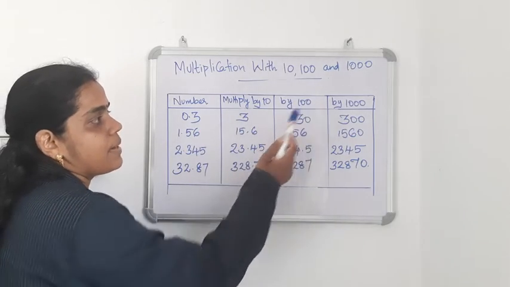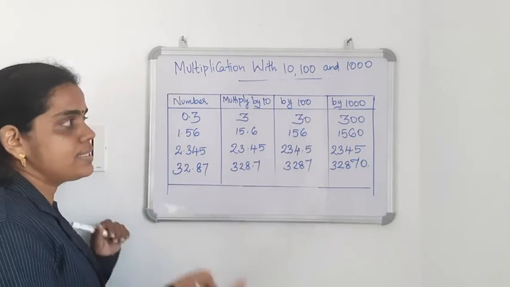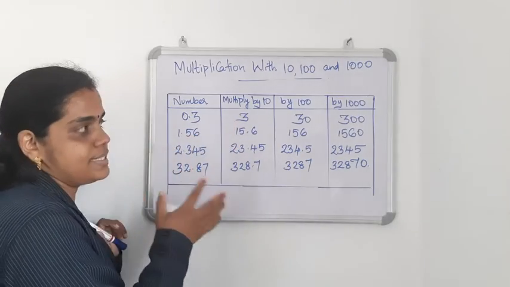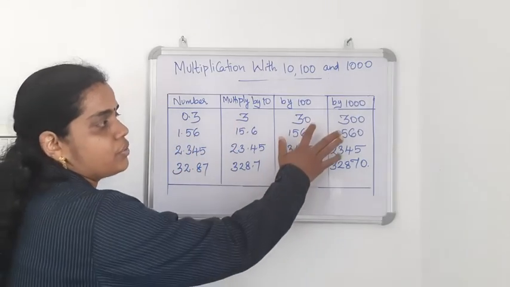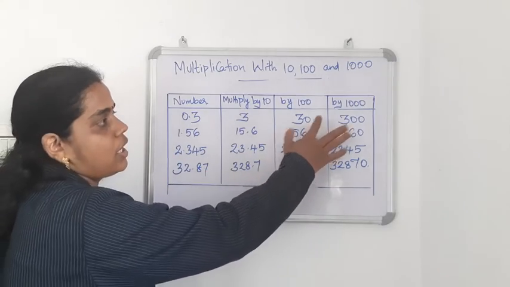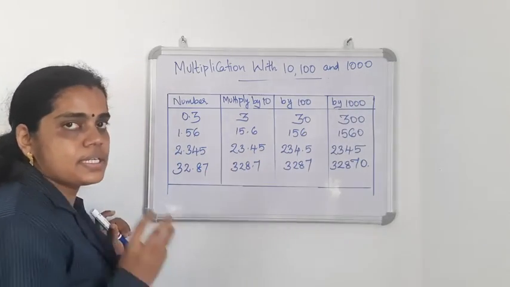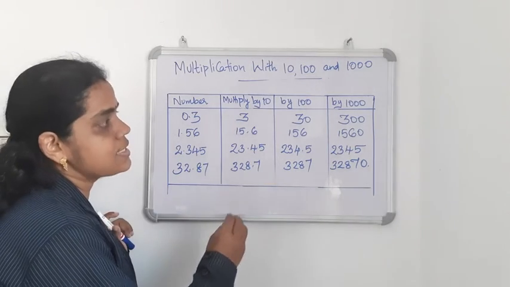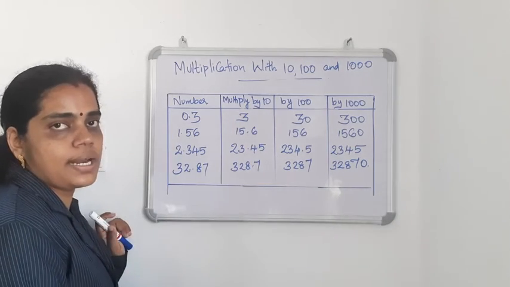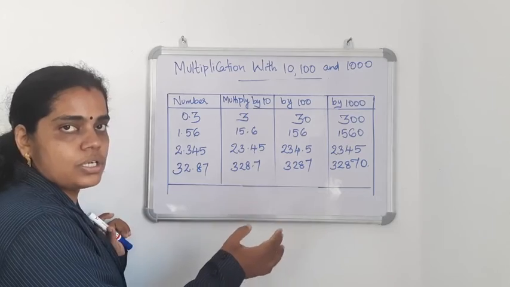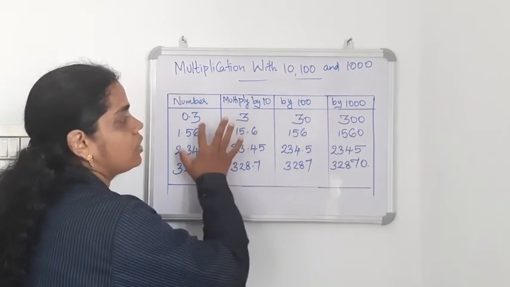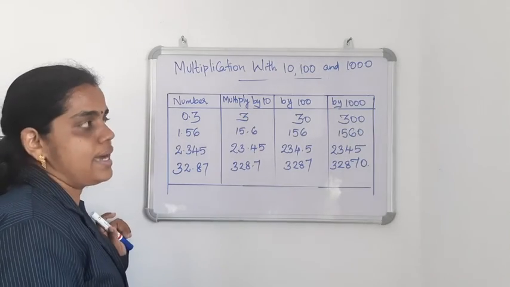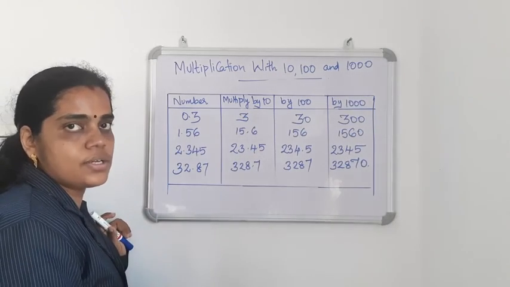Multiplication by 100 means 2 digits we need to shift, but here there are no digits, that's why we need to use 0 here. Okay, multiplication by 1000 means 3 zeros are there, so 3 digits we need to shift to the right side. There are no digits, so only one digit is here, then 2 zeros we need to add, then you will get 3 digits.